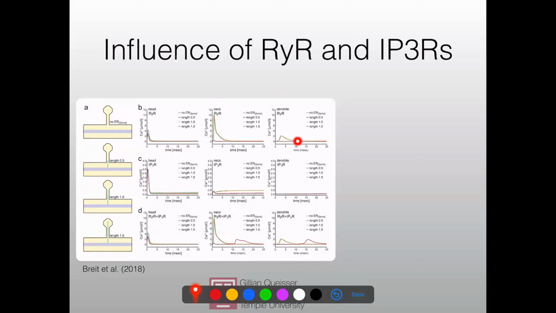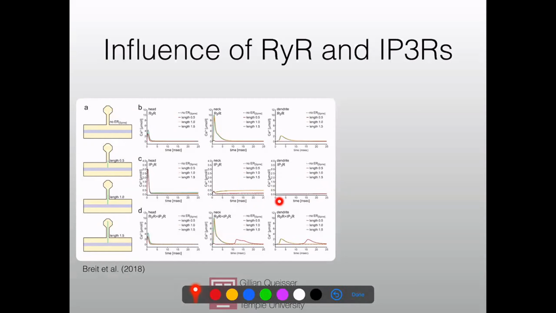Now for IP3 only responses, we see that IP3 receptors increase cytosolic calcium at a much longer time scale and not to the extent as ryanodine receptors do. And for IP3 only, we don't see a response in the ER.